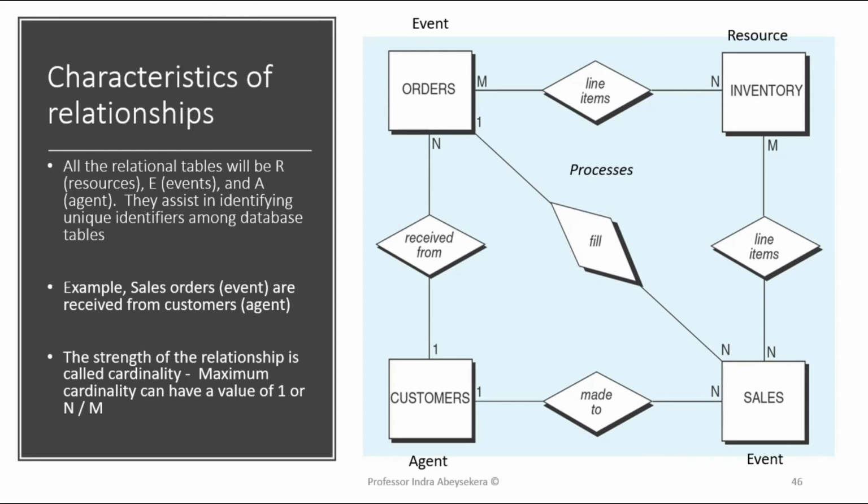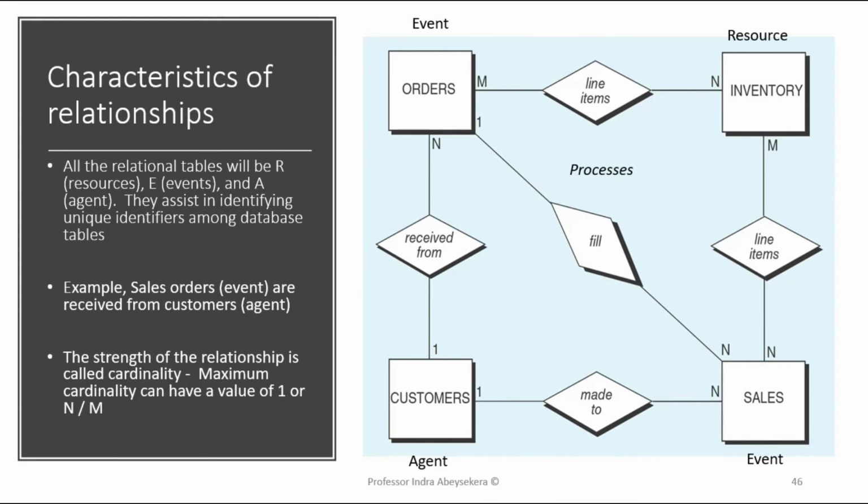So if you look at a relationship here in this visual, we've got orders, which is an event. Then we have an agent who is a customer, and the customer is placing orders, an event. And because of that, there's a resource that's been used, which is inventory, and this resource is used to create another event, which is sales.